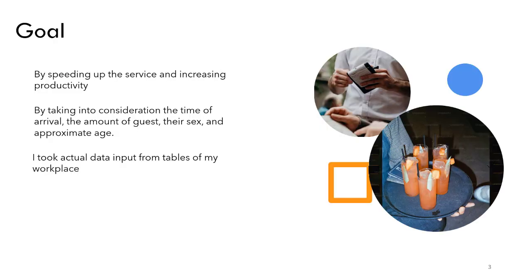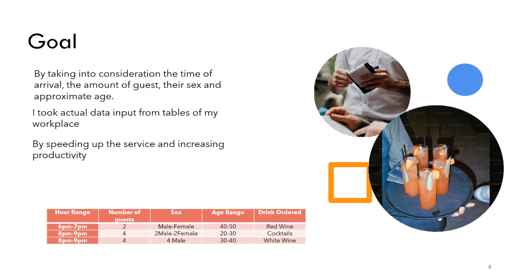For my goal, as soon as people sit at the table, the program would determine, by the time, the number of guests, their sex, female or male, and their approximate age, what drink I should offer as soon as possible: either red wine, white wine, or cocktails.